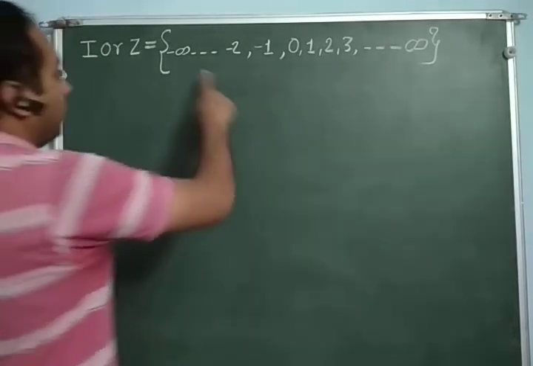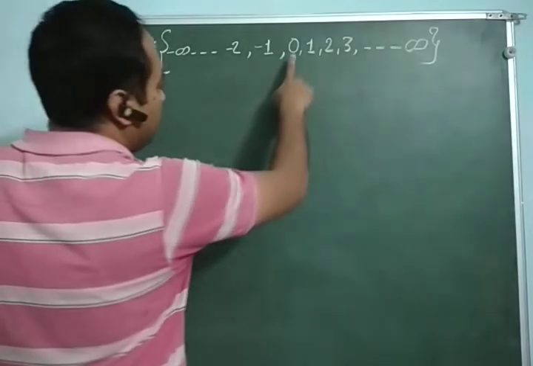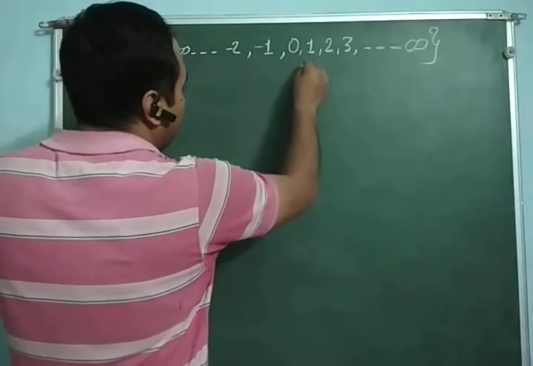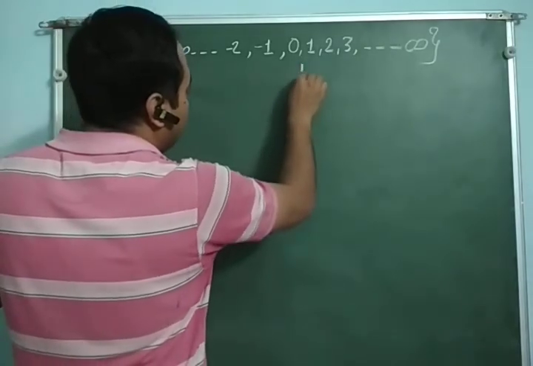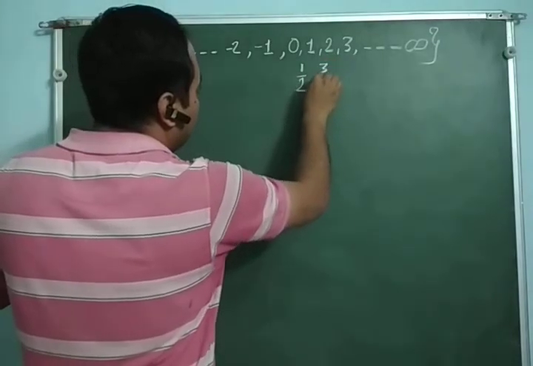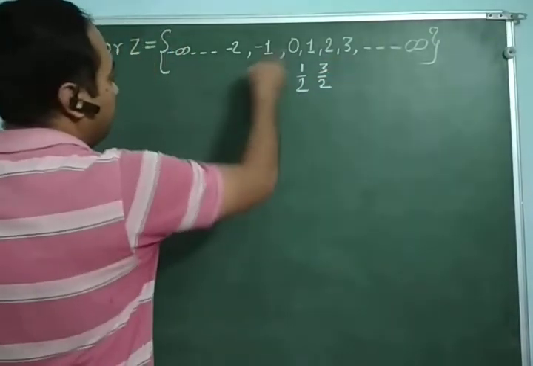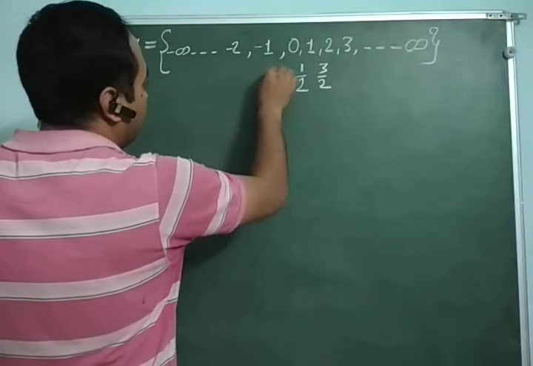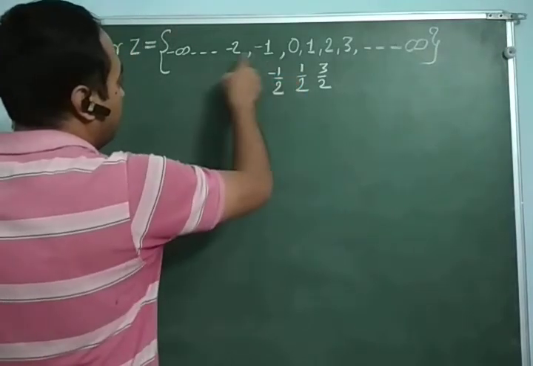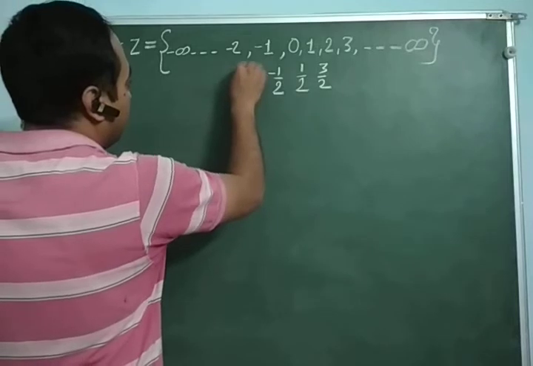Now in this collection you can see that between 0 and 1 there can be a number like 1/2. Between 1 and 2 there can be a number like 3/2. Between 0 and -1 there can be a number like -1/2. Between -1 and -2 there can be a number like -3/2.